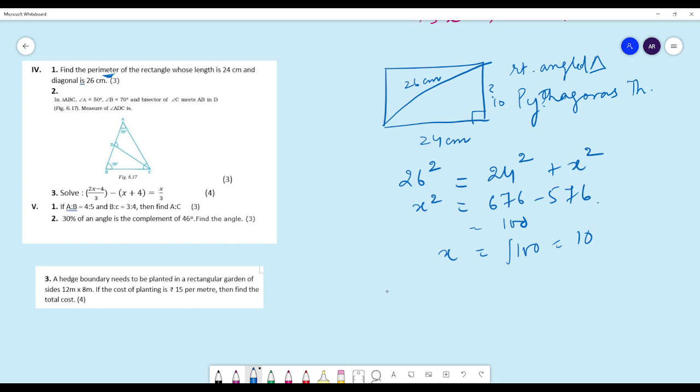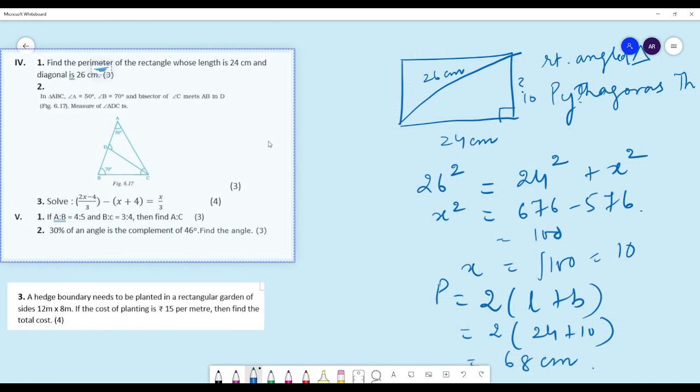Now it is easy for you to find the perimeter of the rectangle because now you have the length and the breadth, and we know the formula for perimeter is twice length plus breadth, that is equal to twice 24 plus 10, that makes it 68 centimeters. So that should be your answer for question number 1.